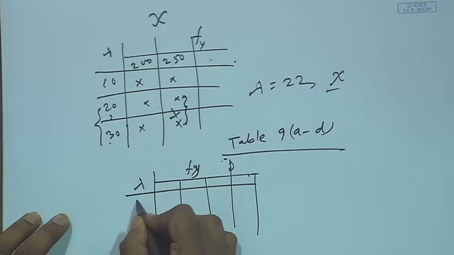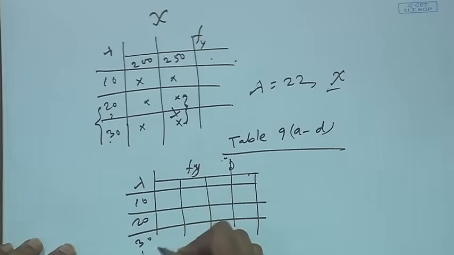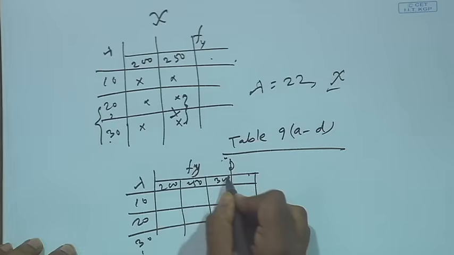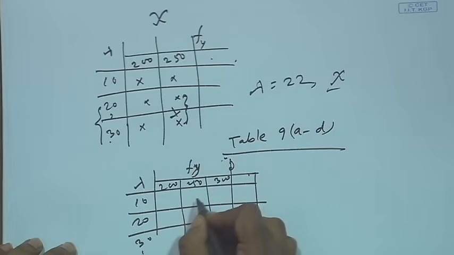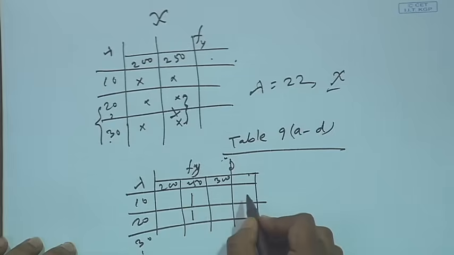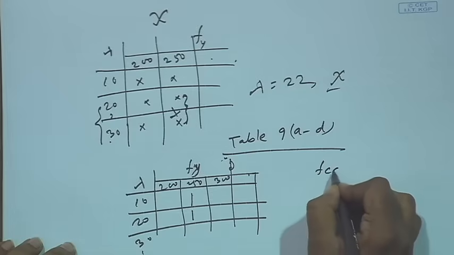Say, for example, lambdas like 10, 20, 30 are varying, and Fy like 200, 250, 300 is varying. So, for a particular value of lambda and Fy, from Table 9A, B, C or D according to the buckling class, we can find out the value of FCD.